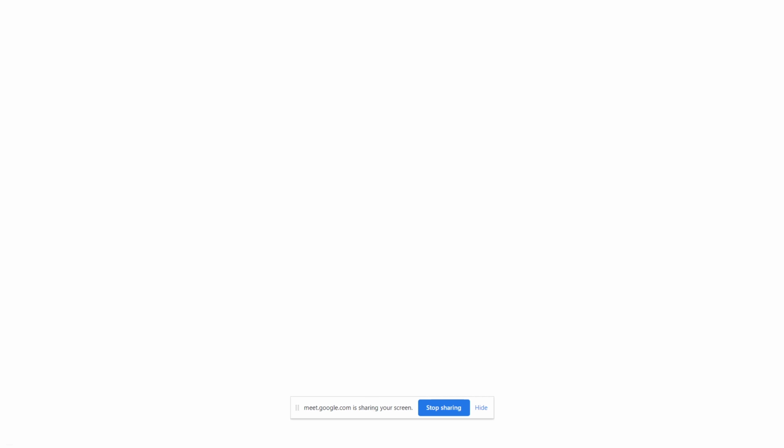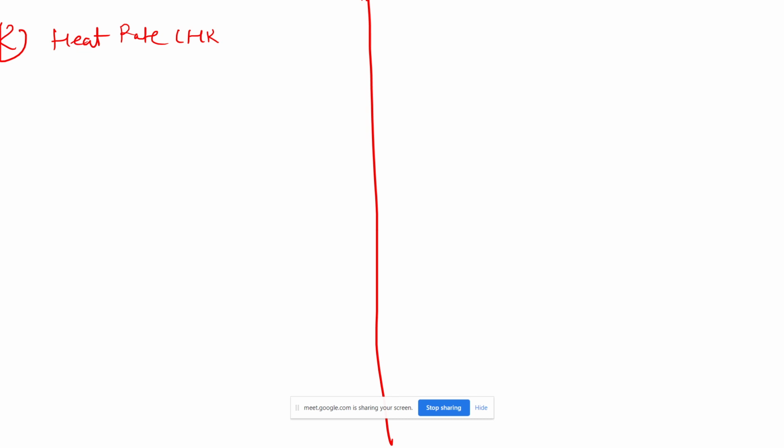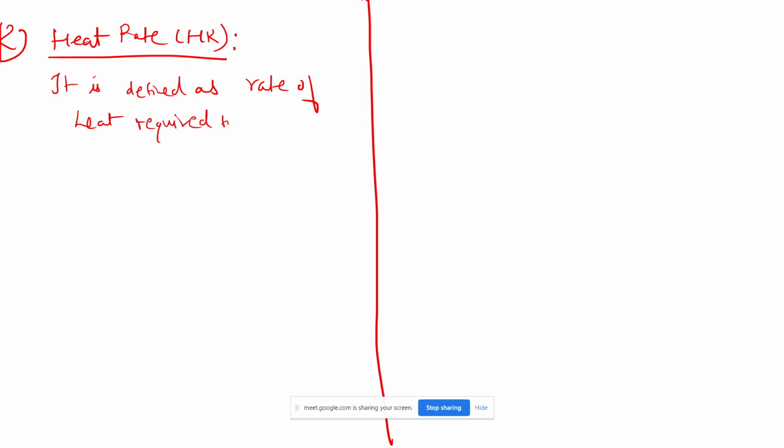And second one is the heat rate. Heat rate that we represent by HR. So it is defined as the rate of heat required to produce 1 kilowatt of power output.